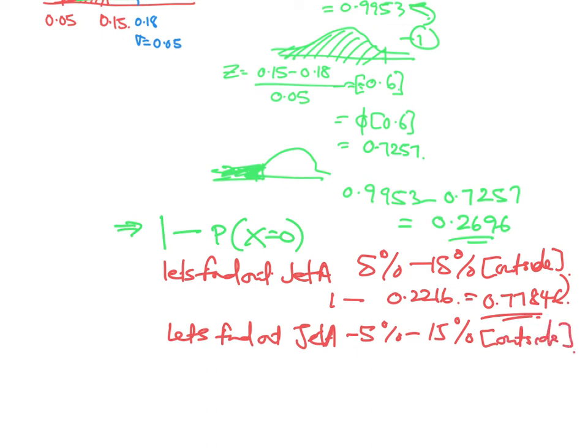Within this region, we just got 0.2696 for jet B. So outside this concentration, I have to minus that again. 1 minus 0.2696 will give me the probability for outside 5% to 15%.